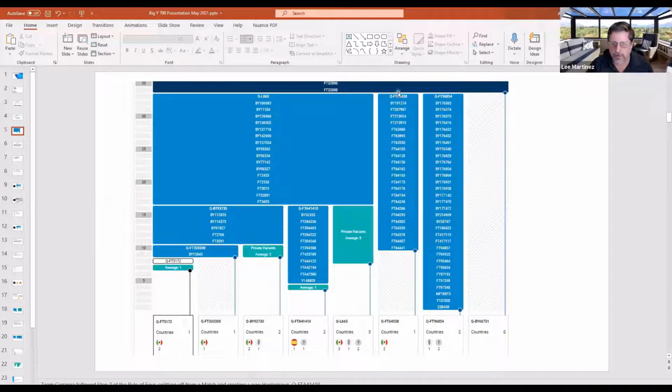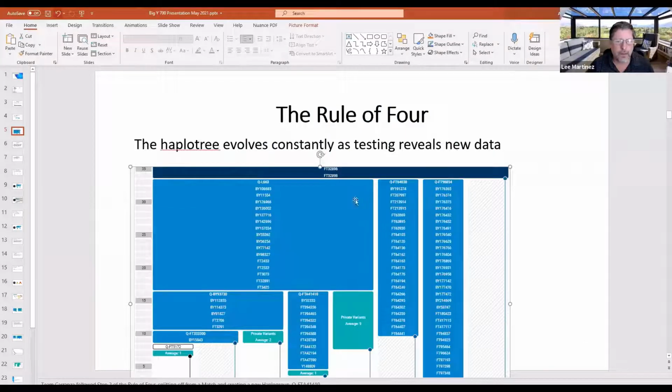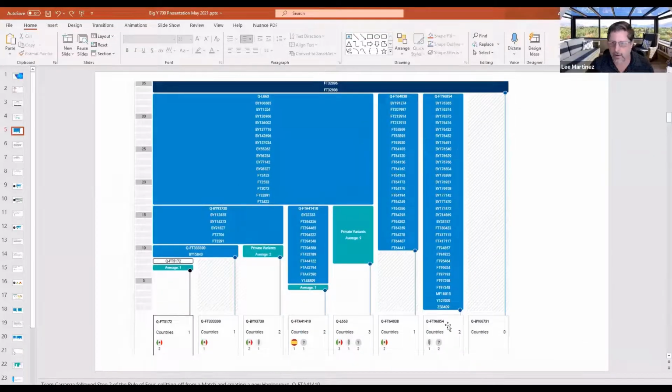So here, both of these lines right here have taken that second step. Step 1, you take the test and you anchor. Step 2, name the private variants. Well, I can tell you that this is two brothers. And this is like a father and a son, or two brothers as well.